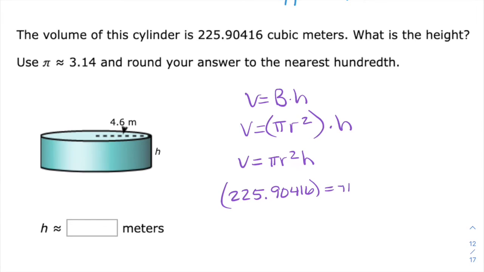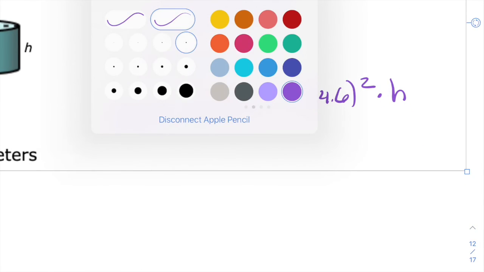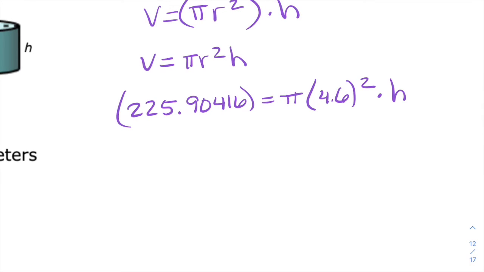And then we have pi, and we have radius, which is 4.6 squared, and height is what we don't know. Okay? But to quickly get to height, there's a couple things we can do.